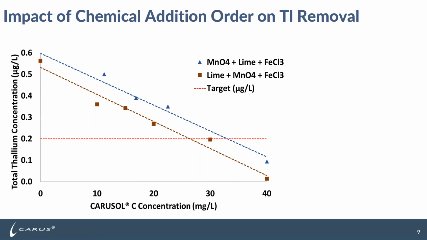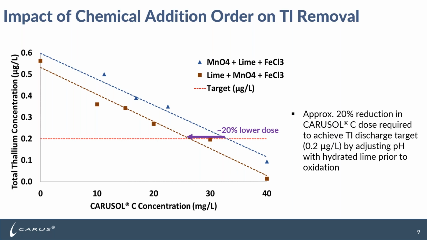So we saw an approximately 20% reduction in the Carisol dose required to achieve that target thallium level by adjusting the pH first. Again, the aim here was to try to optimize the process and provide the plant with options for potentially reducing their chemical usage and the overall cost of treatment.